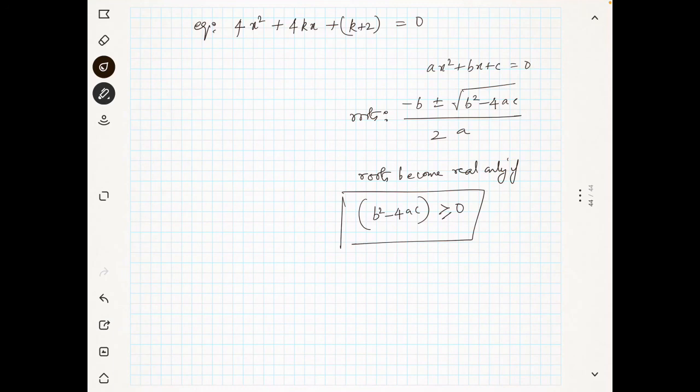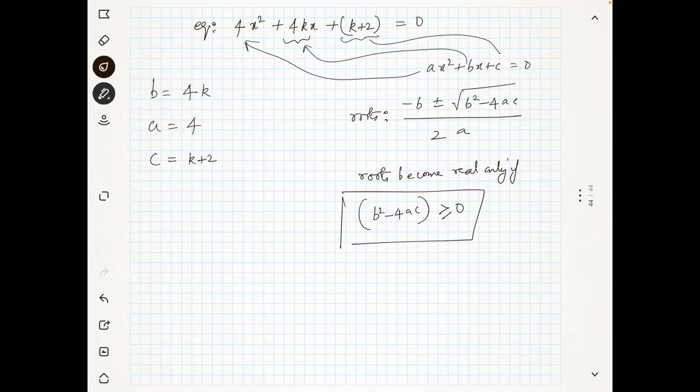So what is b here? Our b for this problem is 4k, our a is 4, and our c is k plus 2. You can compare this with the standard form. Now we will find b square minus 4ac.